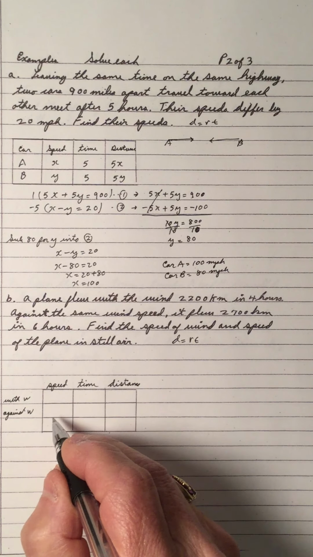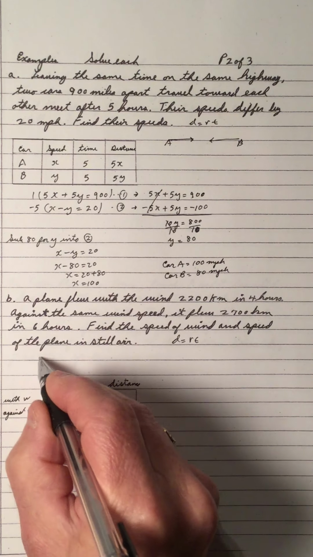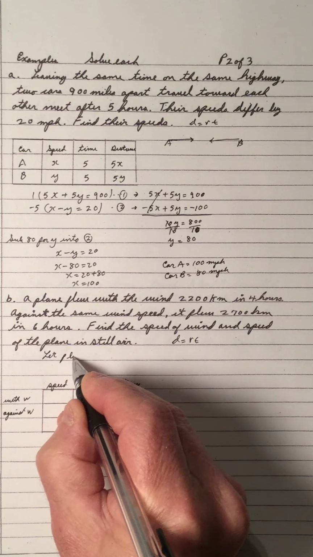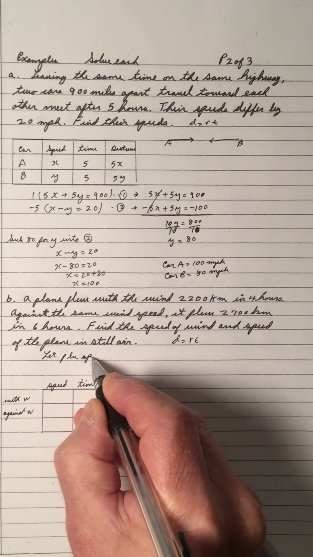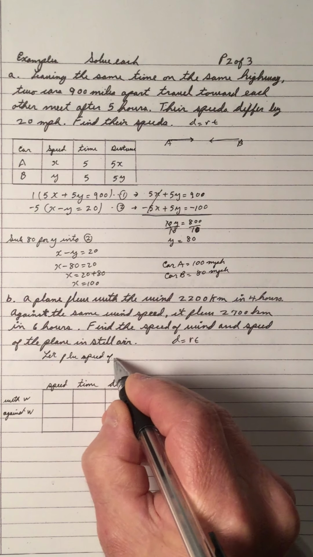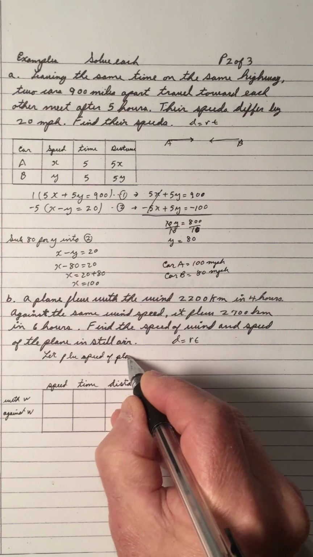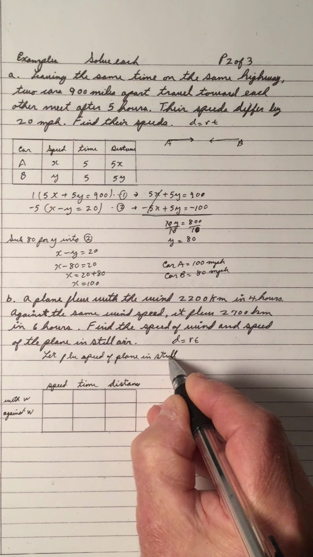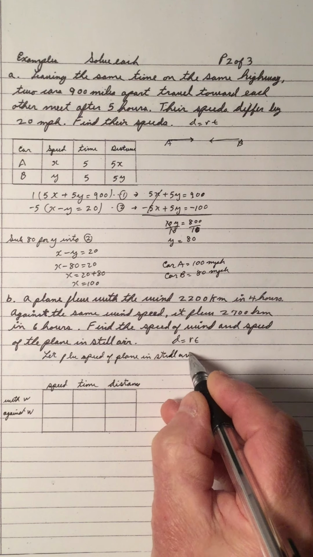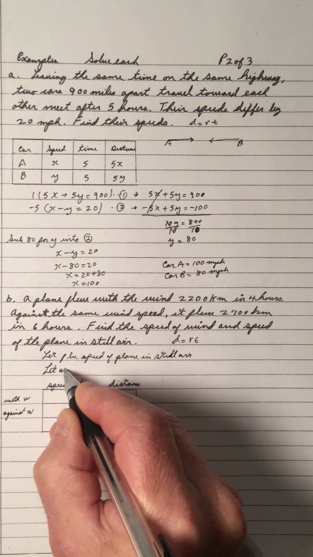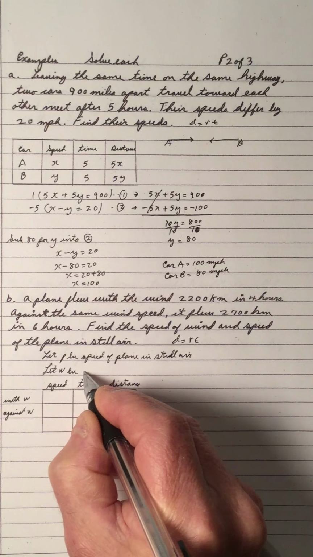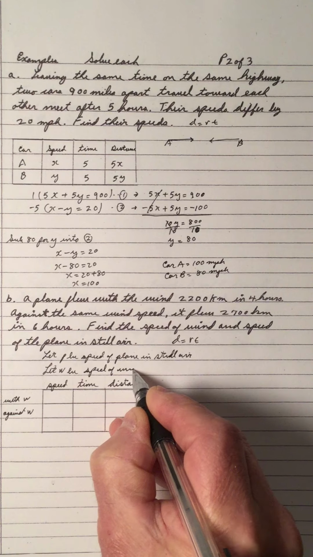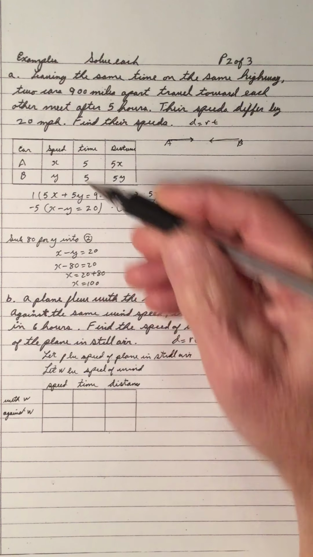In this chart, I'm going to let P be the speed of the plane in still air, and let W be the speed of the wind. So I do that up here.